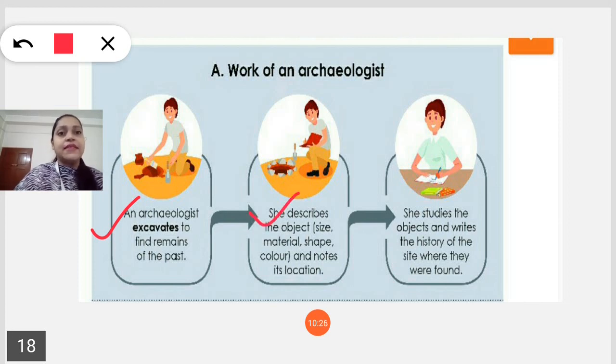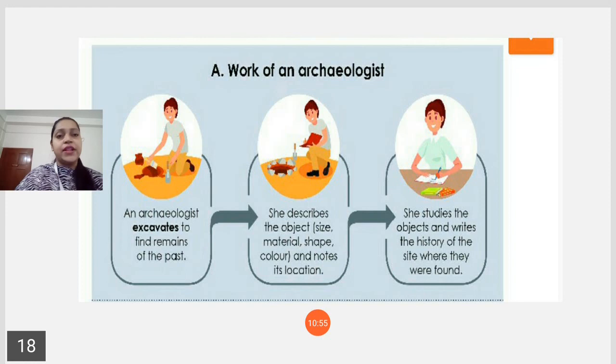Then she describes the object's material, shape, and notes its location. If she finds anything, she describes what type of material it is, what is the shape, and where it is found. Everything she describes. Okay, then she studies the objects and writes the history of the site where they were found.